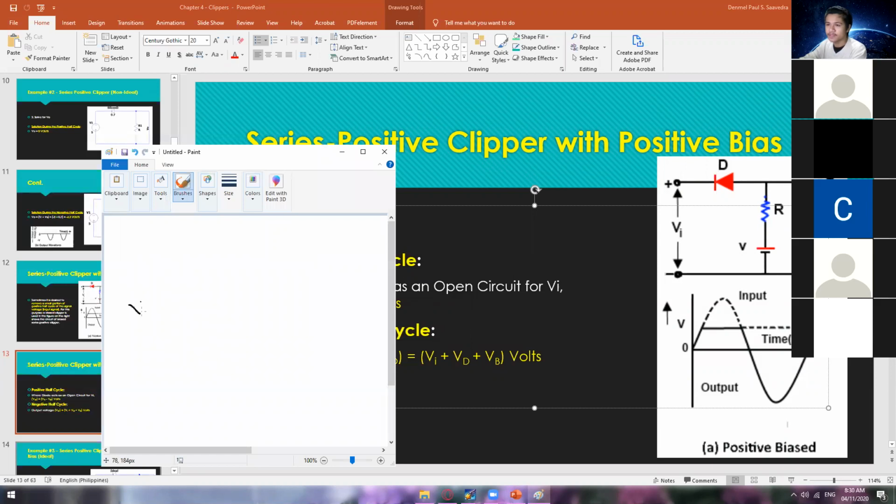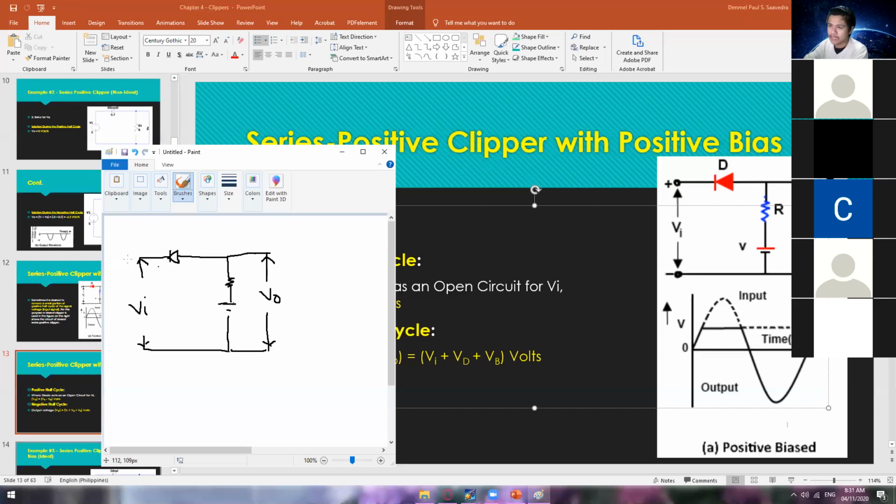So we have here the V sub I, and then we have here the diode, positive, negative.